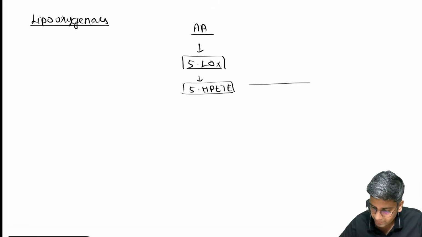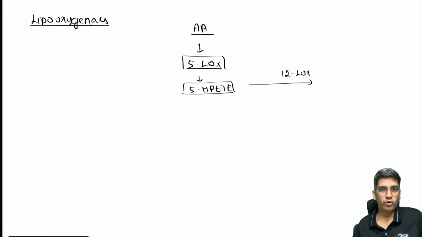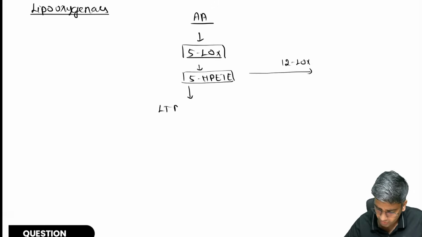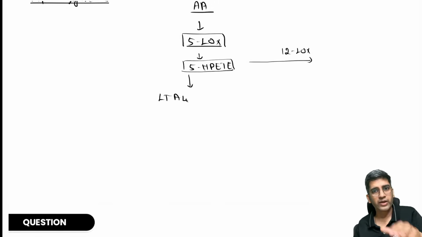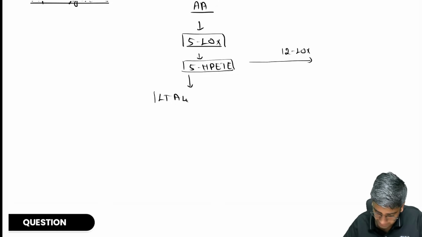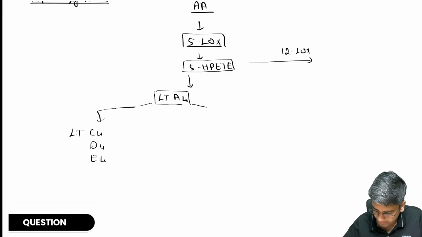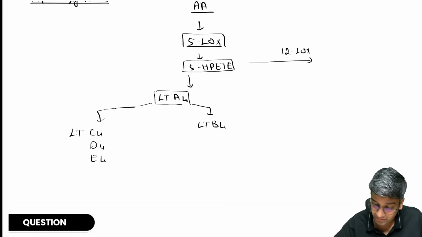From this intermediate, I'll have your 12, the bigger number comes second, 12 lipoxygenase, and then this 5-HPETE only will disintegrate into leukotriene A4. Leukotriene A4 again is an intermediate, it will not give rise to anything. Then it has leukotriene B4 and leukotriene C4, D4, E4. The 12 lipoxygenase pathway gives lipoxins.